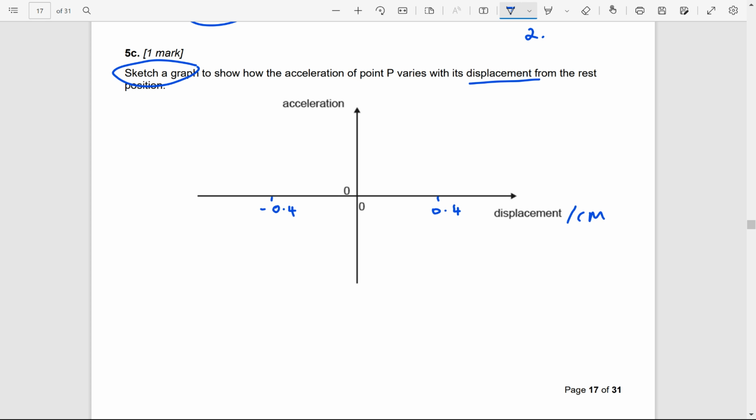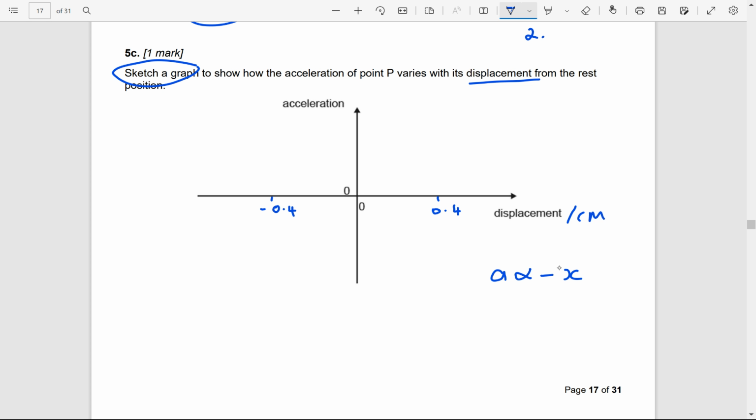So how do we know what shape of the graph it is? If you look in the data booklet under waves, you will notice that a is proportional to minus x, and that means acceleration is proportional to negative displacement.